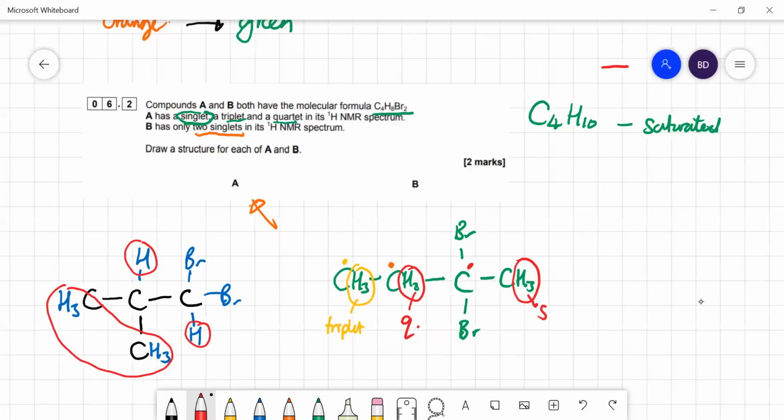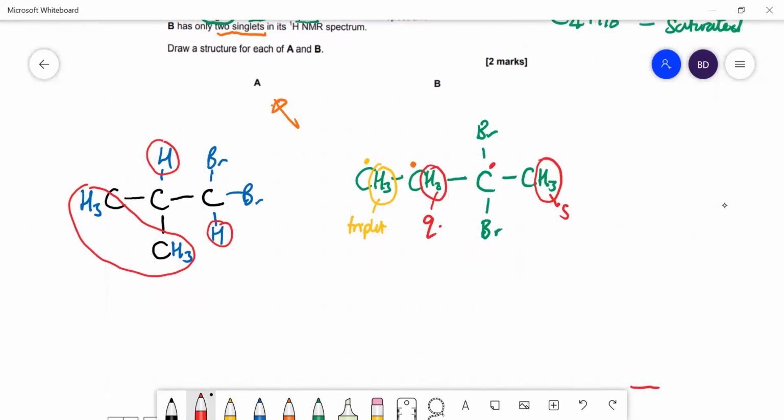So let's try moving that bromine. So the only thing we can really do is put it on, let's try, not that many different possibilities. With these questions, it is quite often trial and error. Let's put a bromine on there and leave one of the bromines there. So now we've got, I think that works.